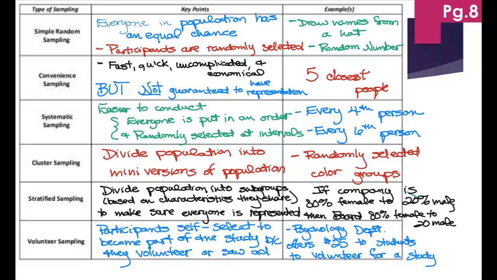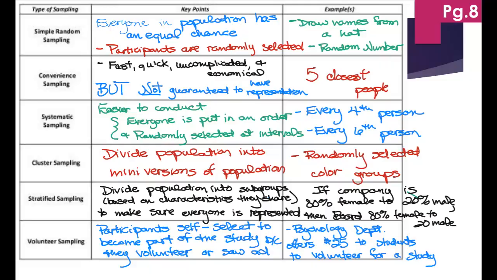Queen of hearts. Jack of hearts. 8 of hearts. 8 of diamonds. What kind of sampling did I just use here? Volunteer. I said I needed 5 people and they came up. Okay. All right. Go away. Everybody sit down. Okay.